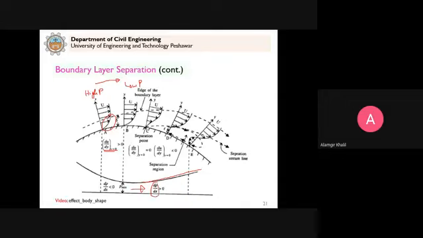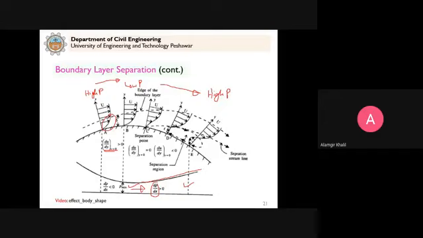It means we are moving from low pressure to high pressure as the flow moves on this surface of the body. When you move from low pressure to high pressure, this is known as an adverse pressure gradient.